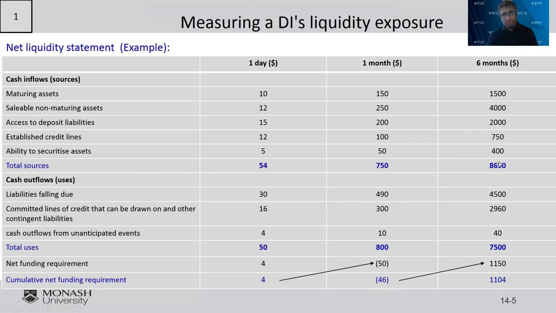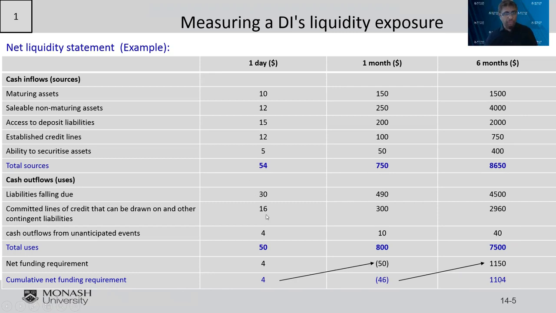And then you have the sources of 8650, uses 7,500, which is 1150. So the cumulative over 1 day is 4, for 1 month, 46. For 6 months, if you take it all this time, it will be 1104.